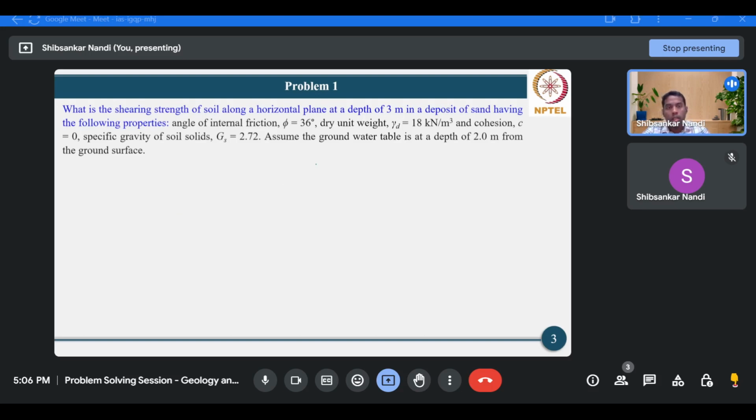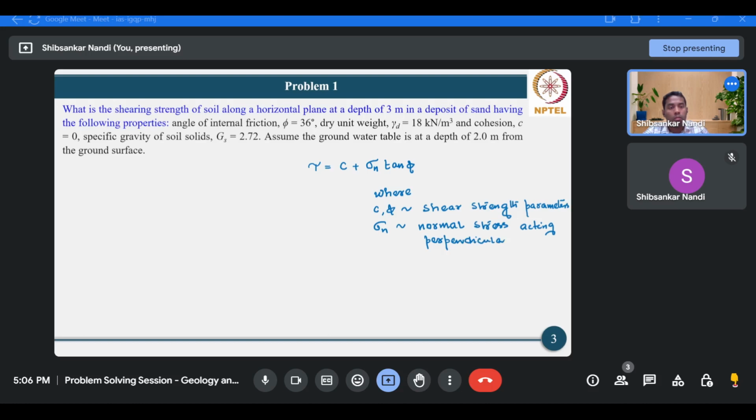As per the Mohr-Coulomb failure criteria, as you know, the shear strength of a soil deposit can be defined in this fashion: C plus sigma n tan phi, where C and phi are the shear strength parameters of the soil, and sigma n is the normal stress acting perpendicular to the failure plane, or plane of failure.